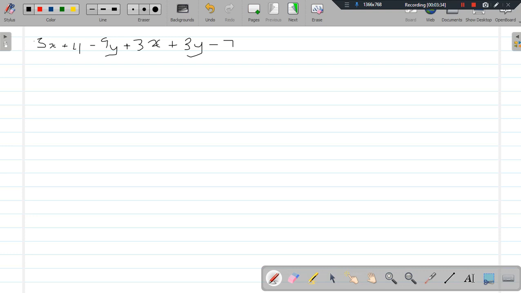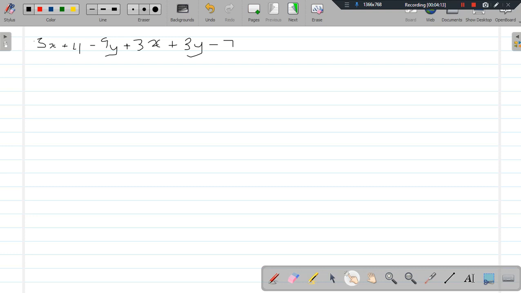So now the like terms are variable x, variable y, and the constant. In our previous video we said that we group those like terms without changing the sign attached to those terms. So in grouping, I have 3x and another 3x here. Because we have x to the power 1, x to the power 1, these two terms are like.